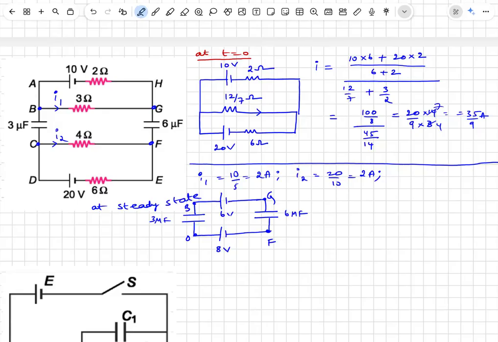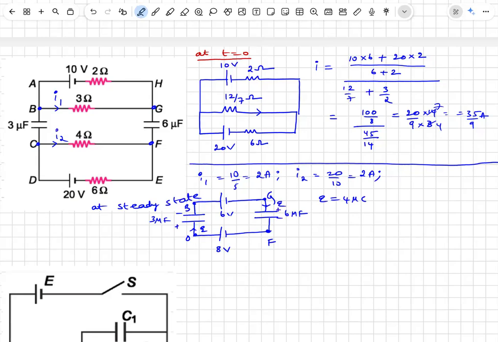Very clear, net EMF is 2 volts and equivalent capacity is 6 by 3, that is 2. So 2 microfarad equivalent capacity, 2 volts equivalent EMF, because they are driving currents in the same sense. So what is the charge? Therefore the charge Q is 4 microcoulomb, so clearly plus minus.